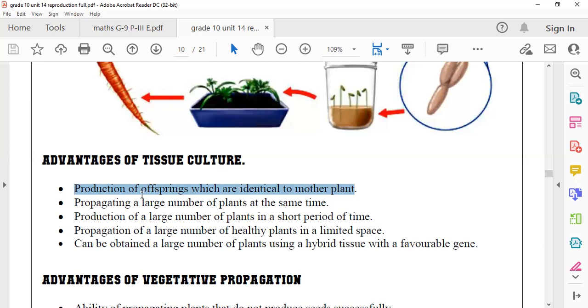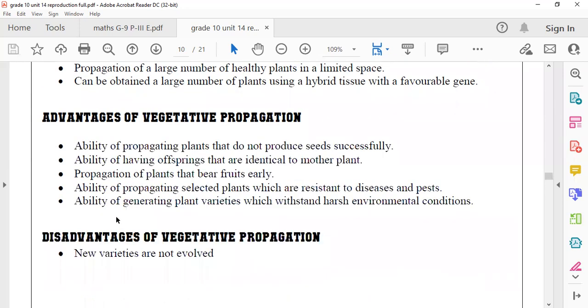And you can produce a large number of plants using hybrid tissues with favorable genes. In unit number 20, I will discuss the hybrid tissues. Hybrid plants are a variety of genetically modified plants we are getting, okay? We benefit from them.